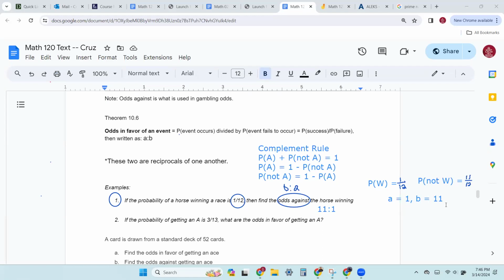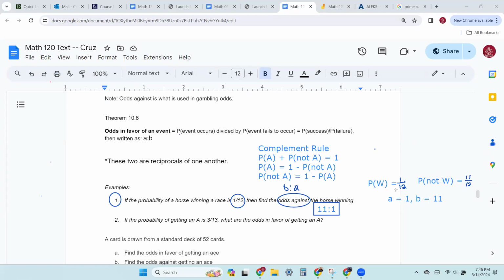In other words, 1 out of 12. It's only going to win 1 race out of 12 races. It's going to lose 11 times out of 12. But this is my theory about why gambling uses odds, because 11 to 1 sounds a lot better than 1 to 11. I don't know if that's true, but that's what I think.